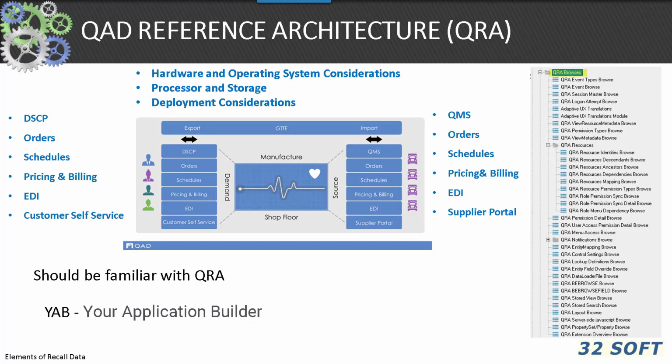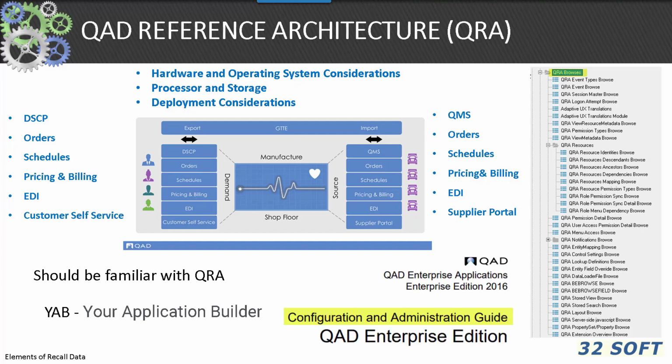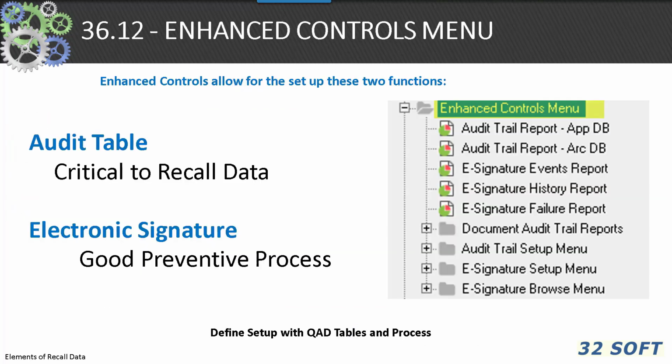The quality reference and administration guide, each crisis team member should at least be familiar with this because this can affect orders, schedules, pricing, QMS, supplier portals. Read the user guide. Enhanced controls.